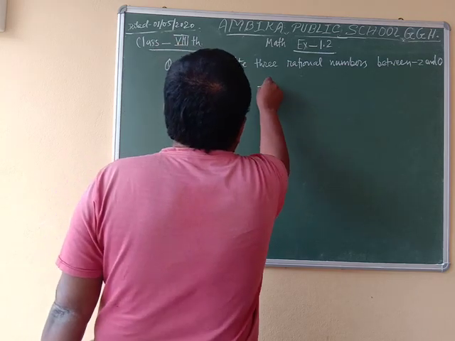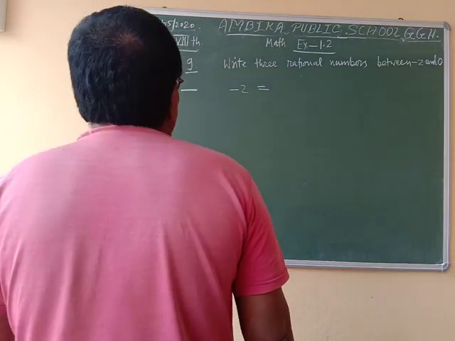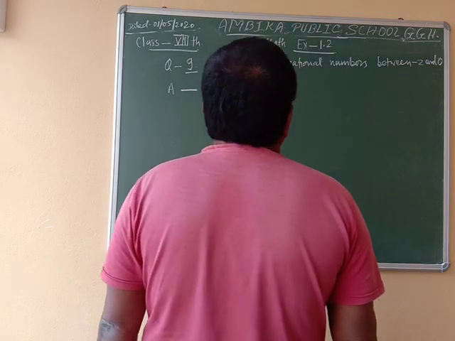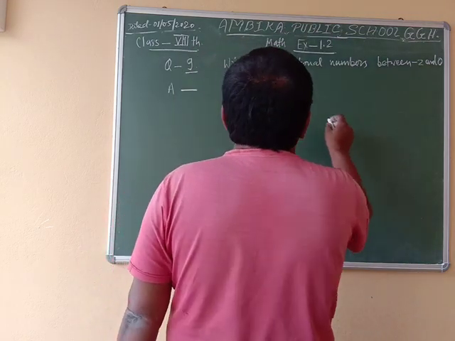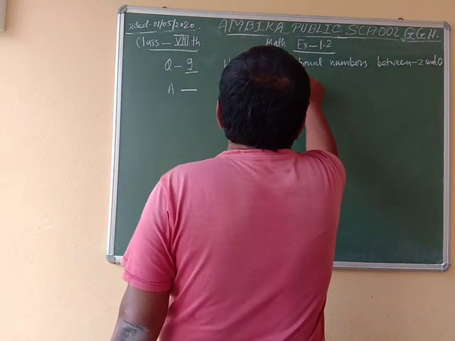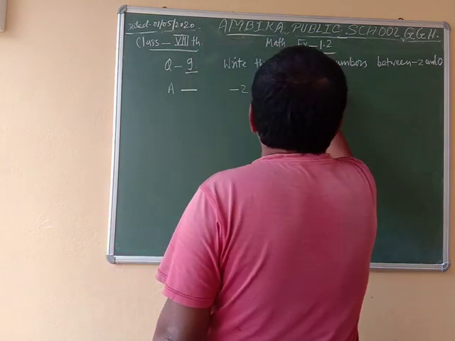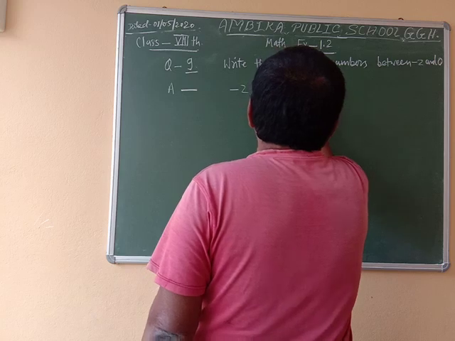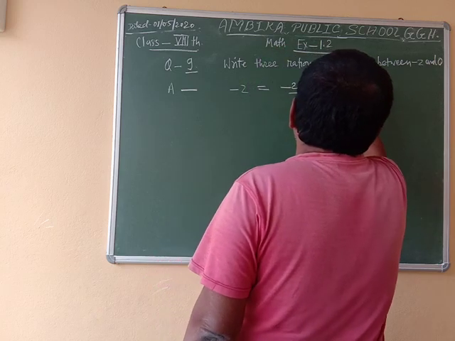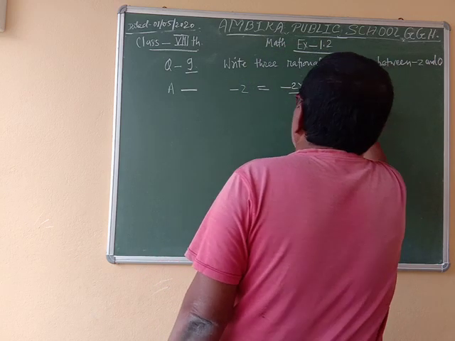-2 is equal to -2 into 3/3 is equal to -6/3.